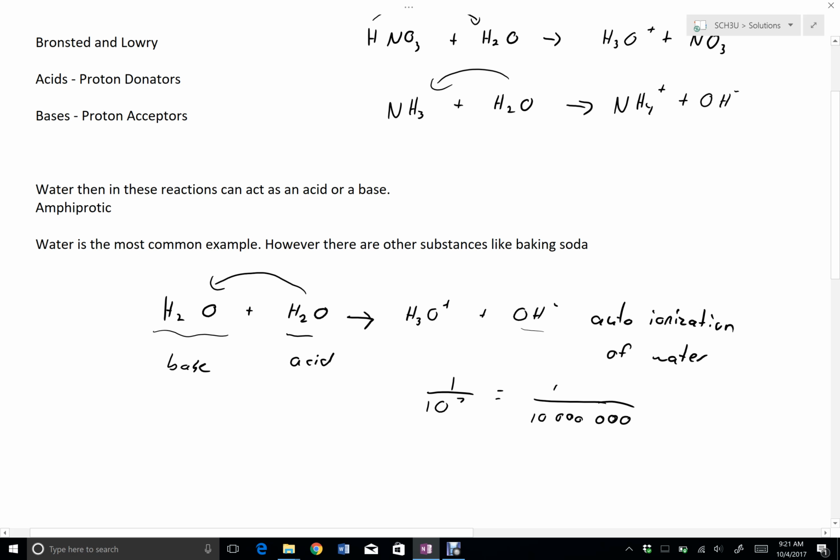So you can see this is very unlikely, but it does happen from time to time. And so water can act as an acid or a base when there's nothing else around, creating a naturally occurring population of hydroxide and hydronium.